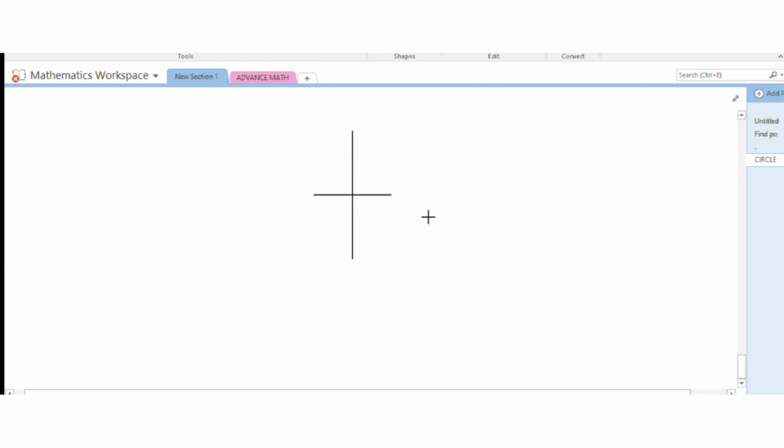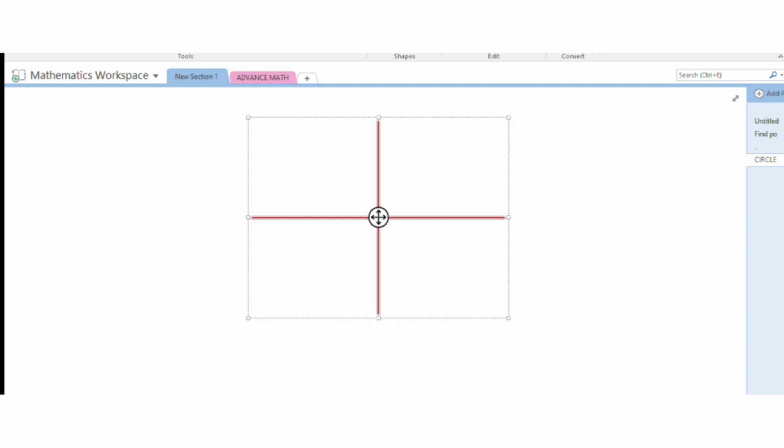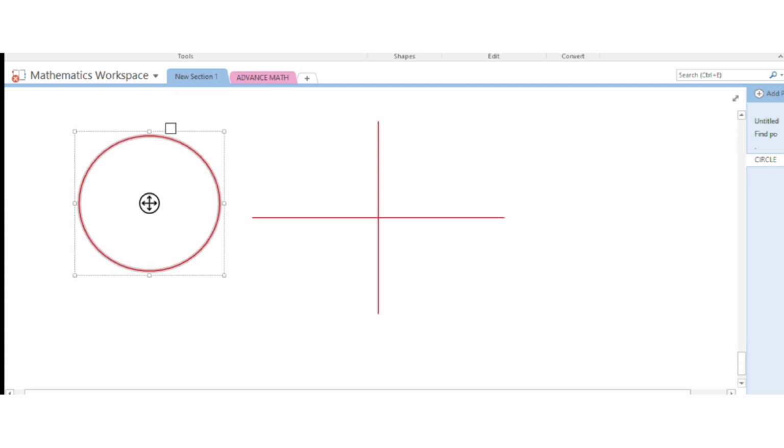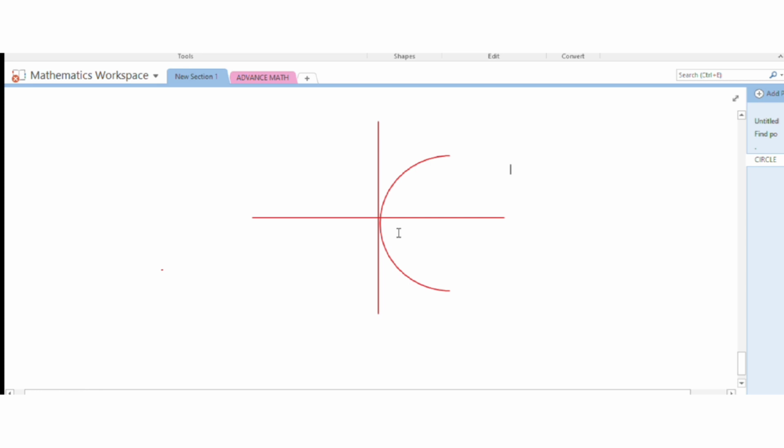Suppose we have the coordinate axes like this, and a graph like this. This is actually a parabola, and one fixed line is there.